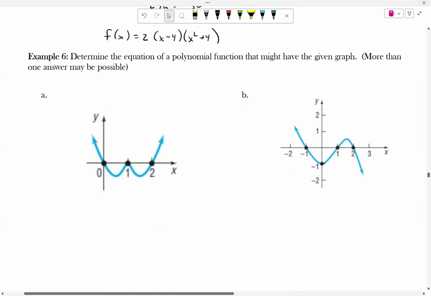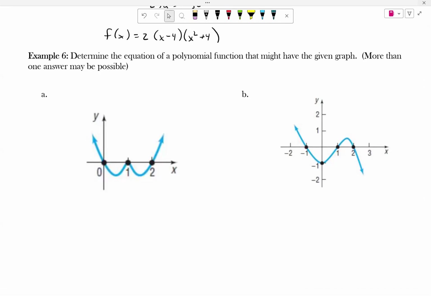That's perfect. Okay, determine the equation of a polynomial function that might have the given graph. More than one answer may be possible.